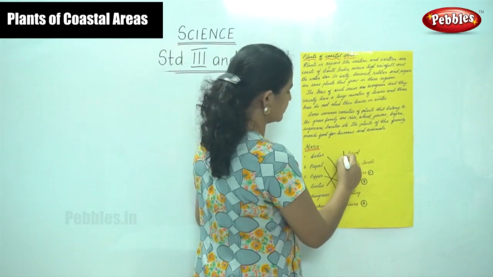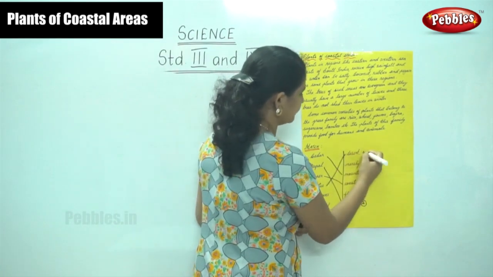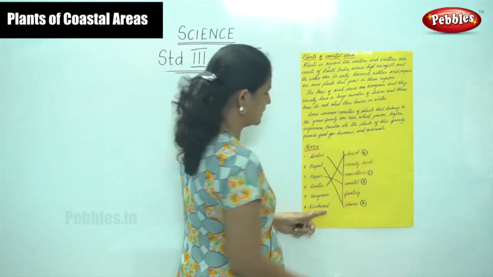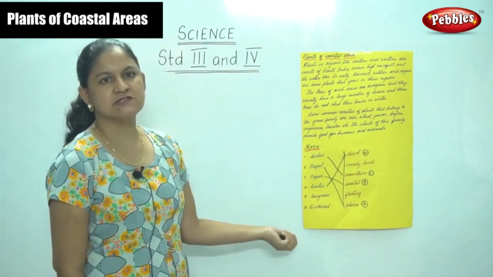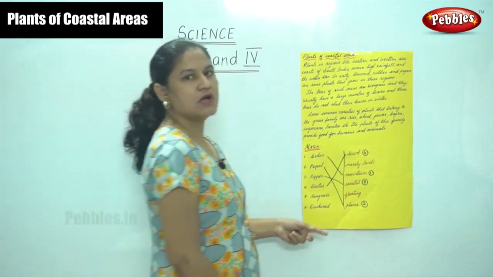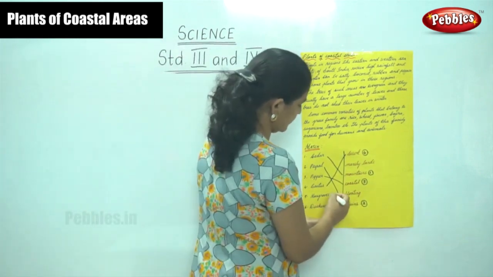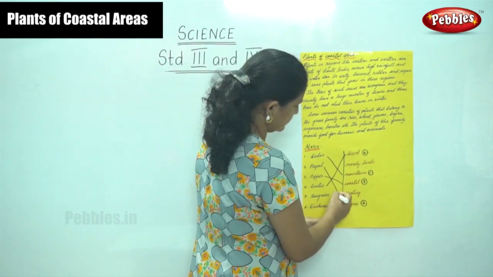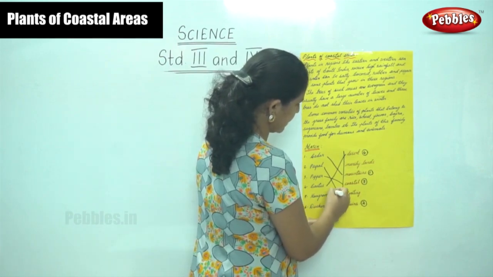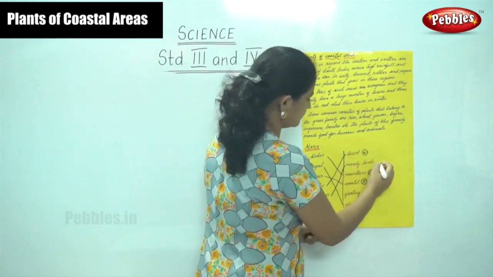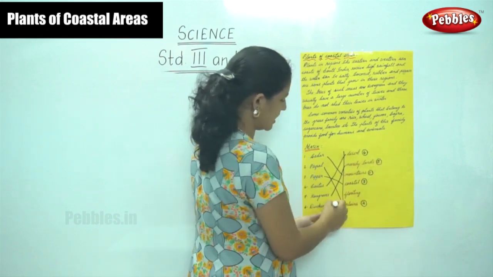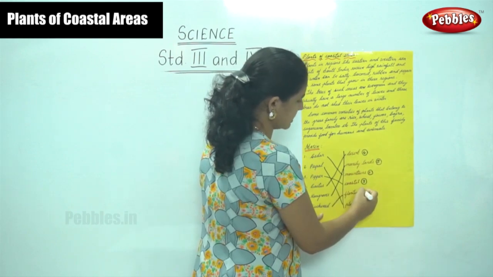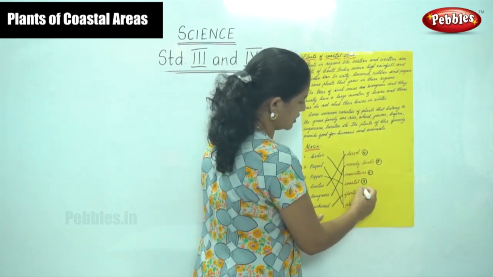Cactus is a plant that grows in the desert. Mangroves are plants whose roots grow above the ground. Mangroves grow in the marshy lands. And duckweed are plants that are floating on water.